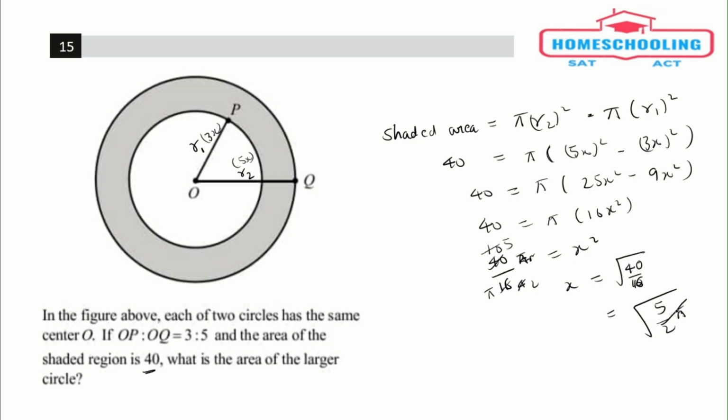So 5 by 2 pi under root is going to be the value of x. Now let's calculate it.